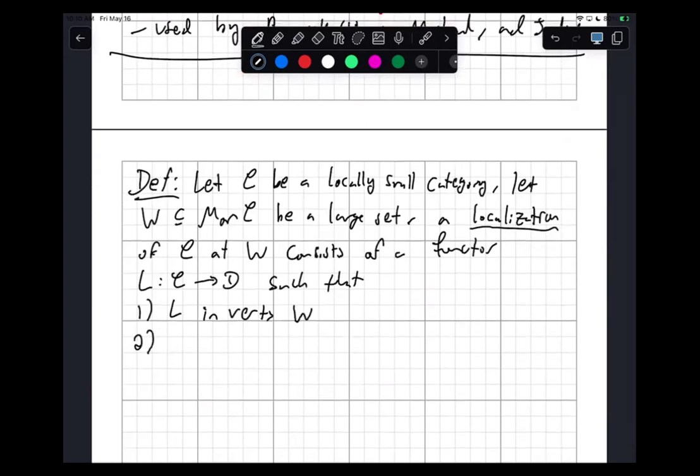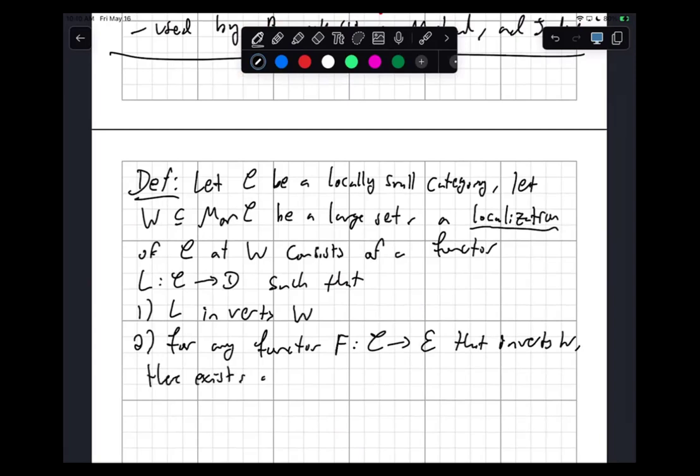And 2, for any functor F from C to E that also inverts W, there exists a functor F tilde from D to E and a natural isomorphism eta from F to F tilde L.